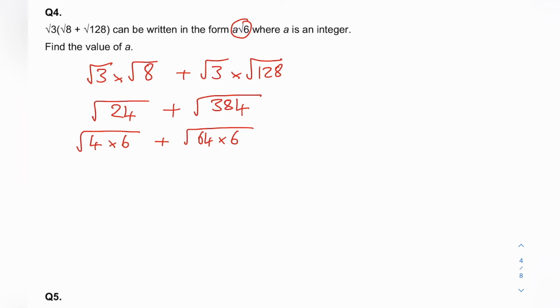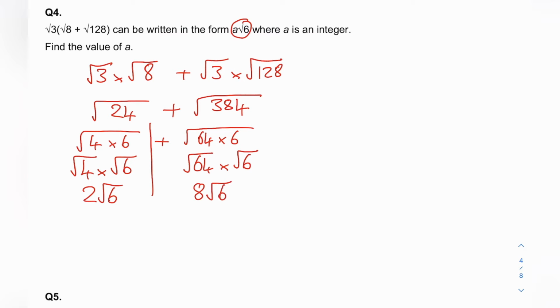We can then separate our surds, so this becomes root 4 times root 6, and root 4 is equal to 2. We can simplify our surd on the right hand side. This is root 64 times root 6, which is 8 root 6.